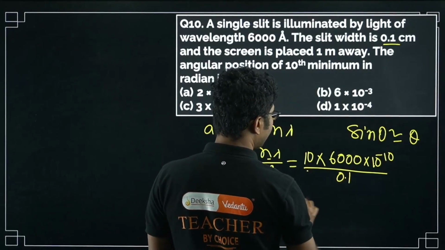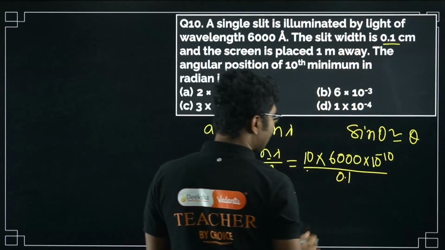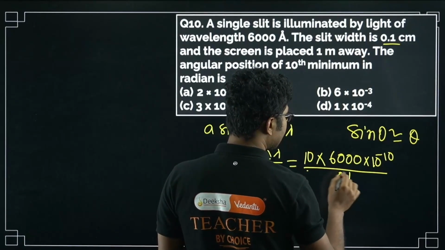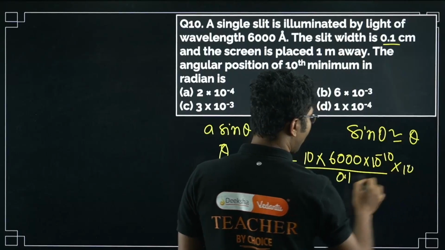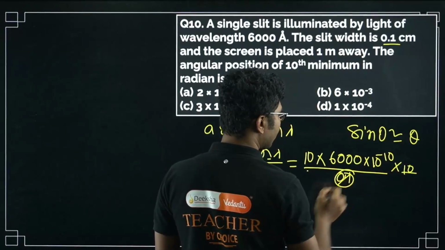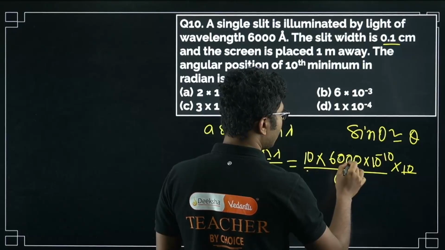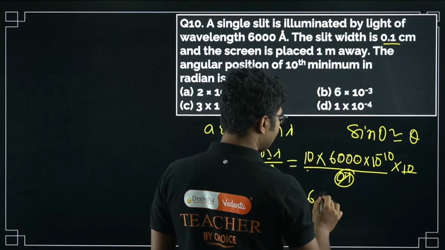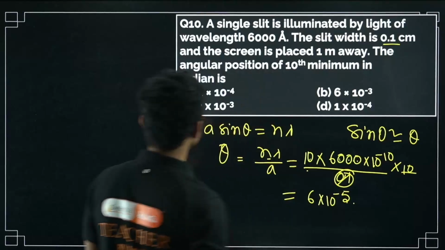The screen distance does not matter over here. So you will get another 0 over here. 0.1 means multiplied by 10, so it will go 1 2 3 4 5. So 6 into 10 to the power of minus 5.